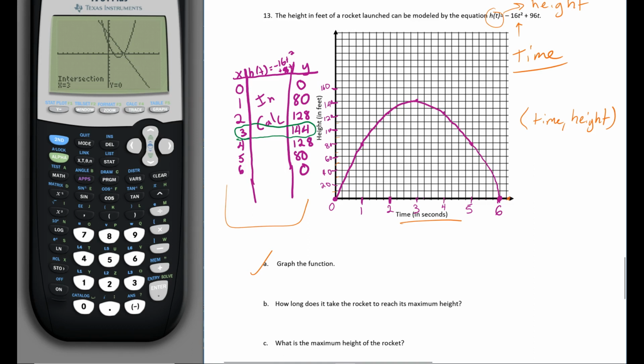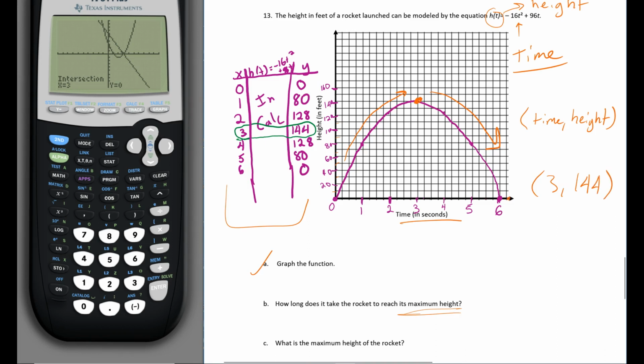Then it asks, how long does it take the rocket to reach its maximum height? So this graph represents the path of the rocket. It goes up, it goes up, it goes up, it goes up, and then it hits this maximum height right here at 3 seconds, and then it starts to come back down. So that vertex of the parabola, that 3, 144, that's the point we're going to be honing in on here.